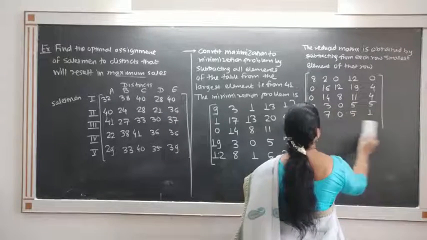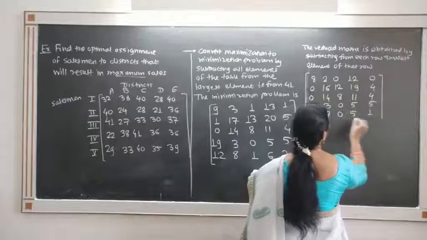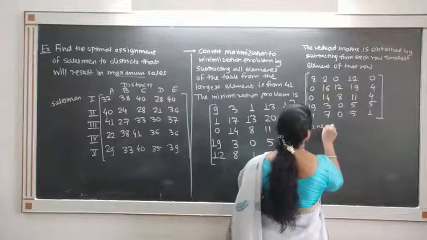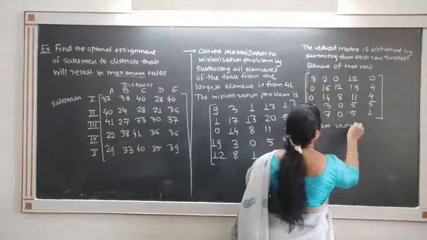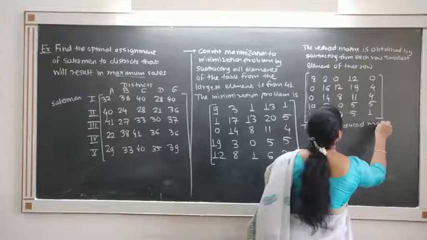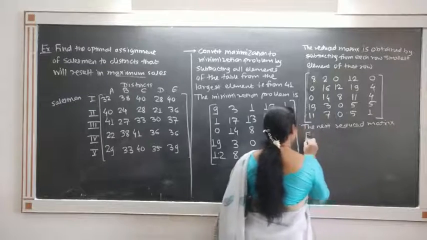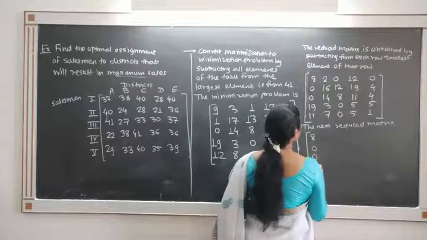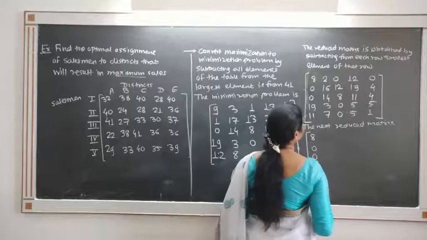Now again subtract the smallest element from each column. So we get the next reduced matrix. In the first column, because 0 is the smallest, it remains as it is.